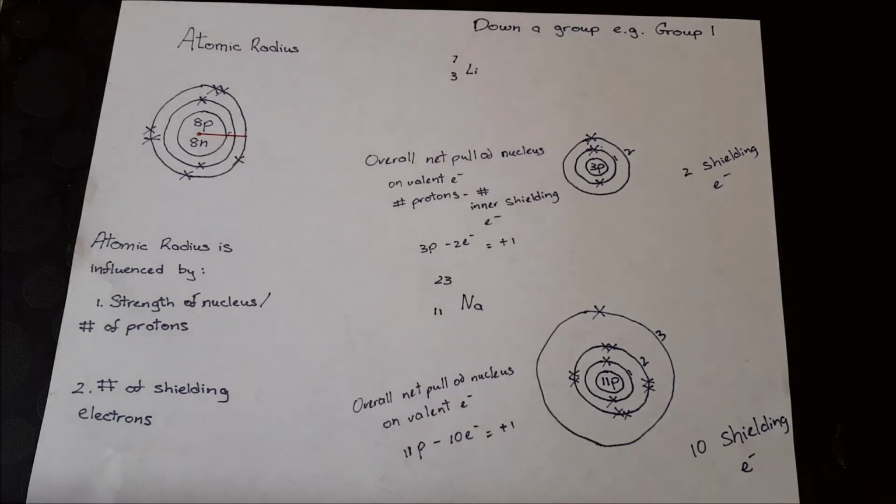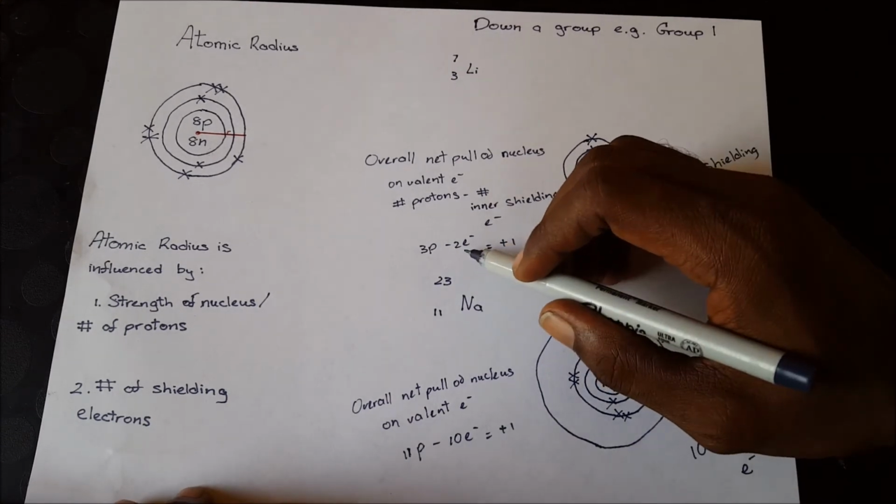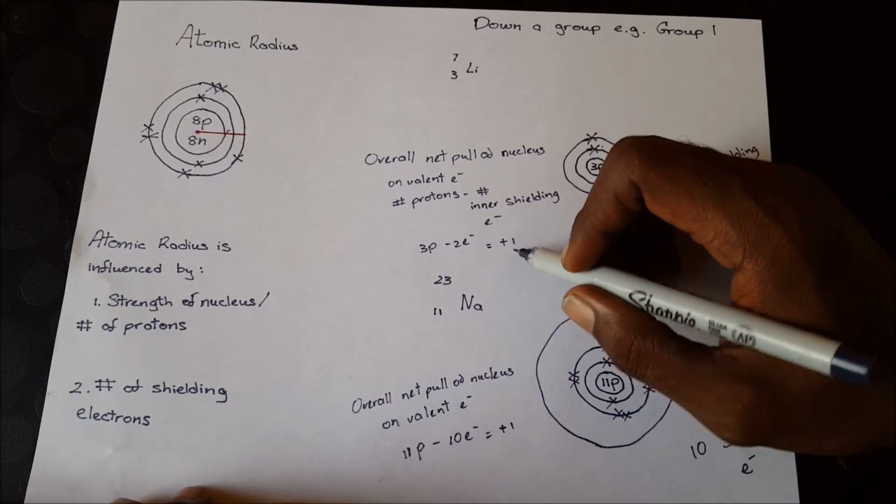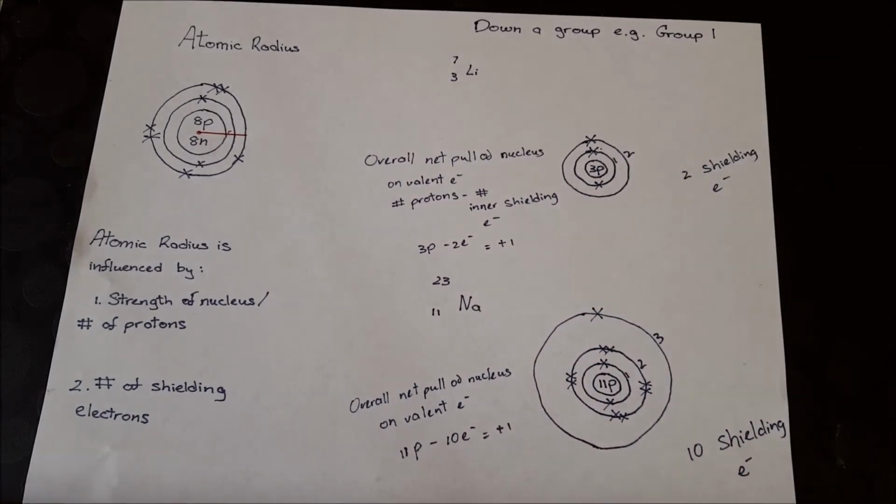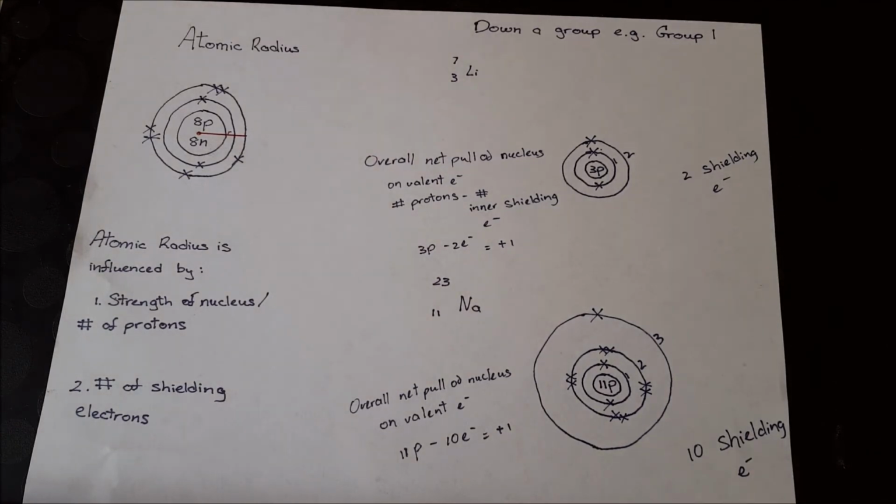However, if you also have 2 inner shielding electrons reducing that pull, then you have to account for that. So you take 3 protons minus 2 electrons, and in the case of lithium, the valence shell electrons feel a total net charge or pull from the nucleus of +1.